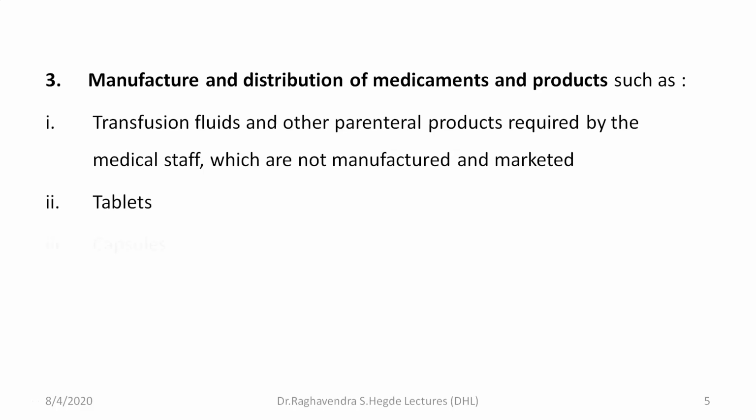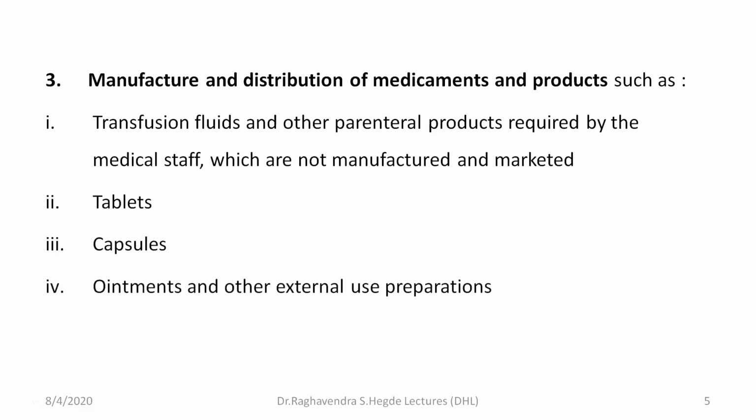Tablets, capsules, ointments, and other external use preparations. Sometimes big hospitals may have a subordinate manufacturing unit also, and they manufacture especially the large volume parenterals. We'll be seeing that one. Stock mixtures as per the hospital formulary.